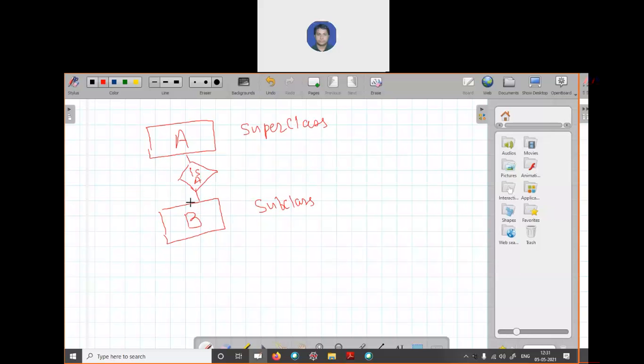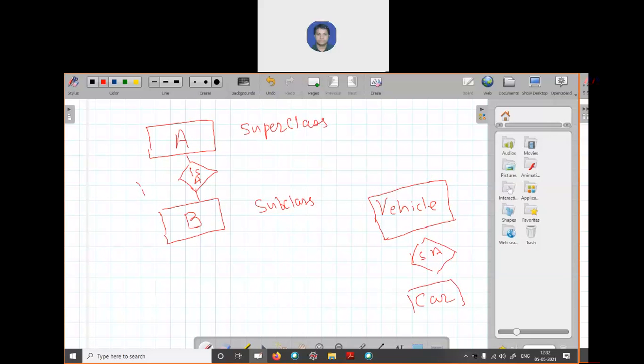Is it clear? So you can say entity A is a superclass and B is a subclass. Or let's take a general example: we have an entity type vehicle, and it shares an is-a relationship with another entity like car.